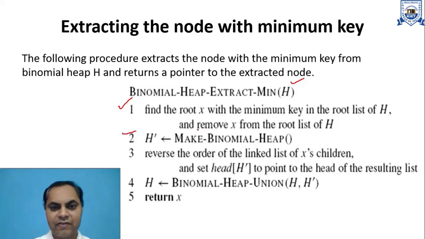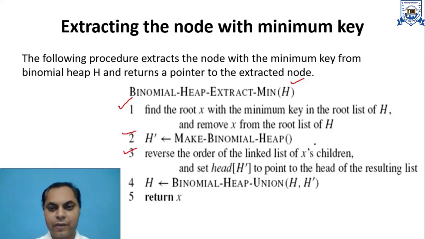In line number 3 we will reverse the order of the linked list of x's children. Please let me remind you, x was the node which we have already removed, and because x was in the root list of the binomial heap, it may contain several children.